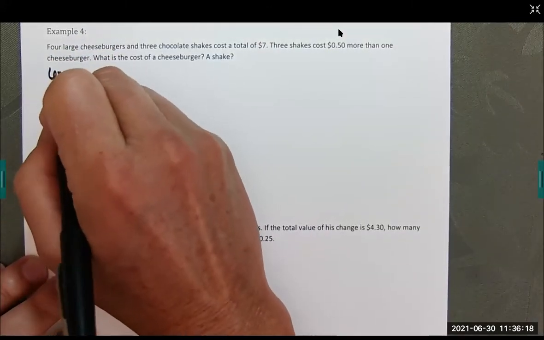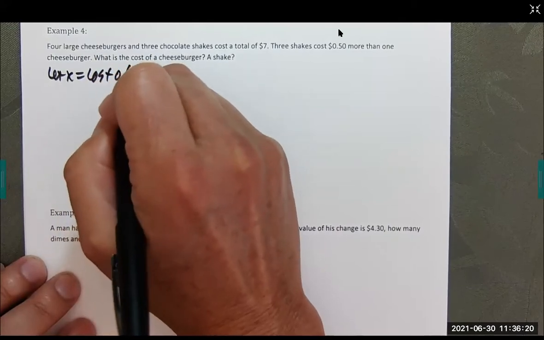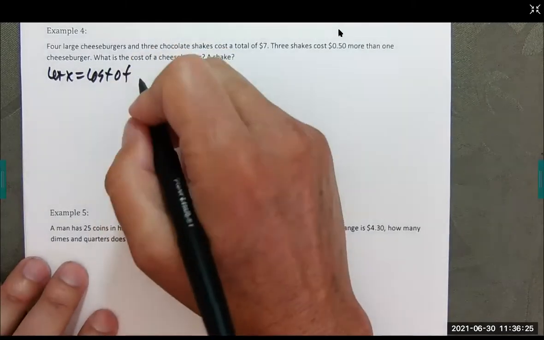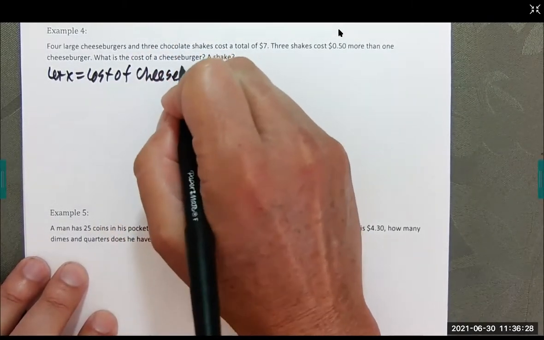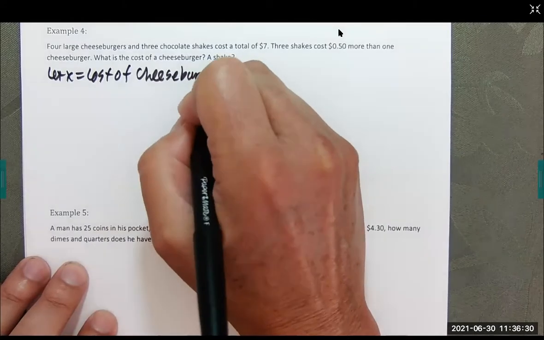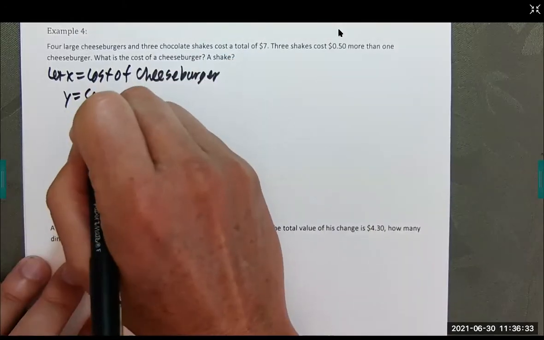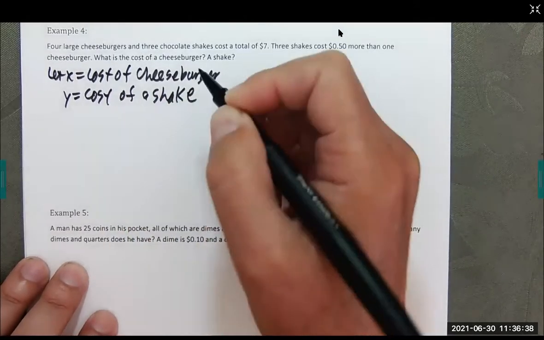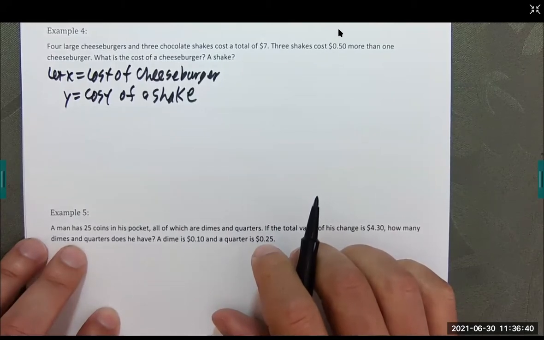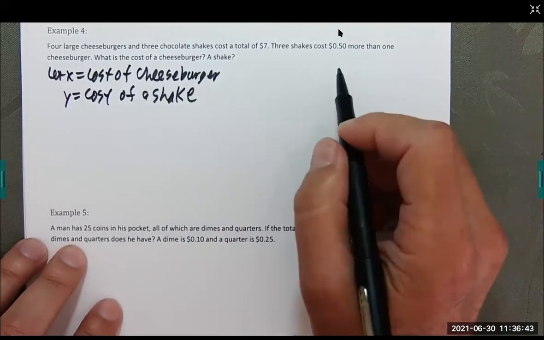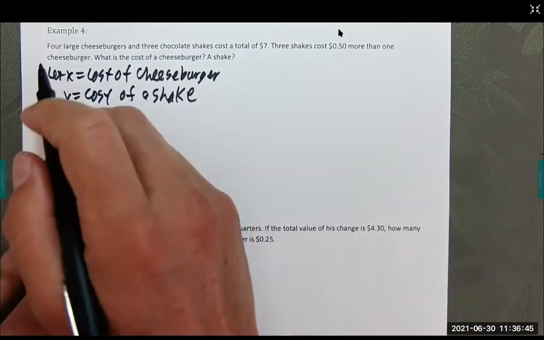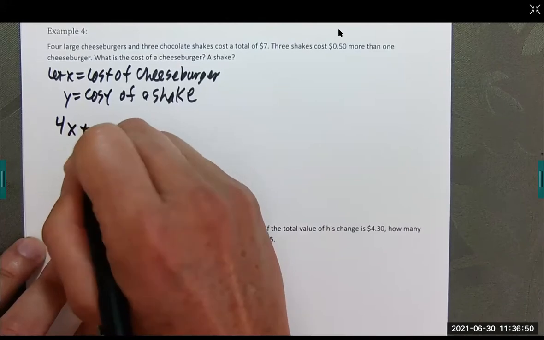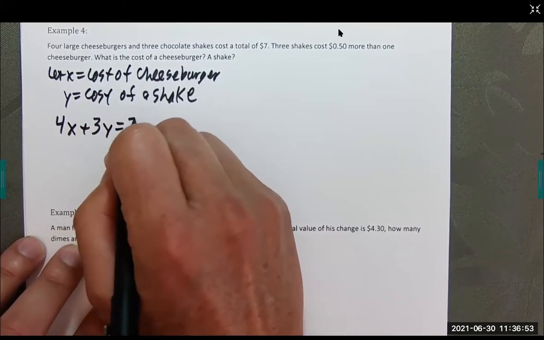So let x equal the cost of a cheeseburger. And y is going to be the cost of a shake. And let's do the money first. So we know that 4 large cheeseburgers and 3 chocolate shakes cost $7.